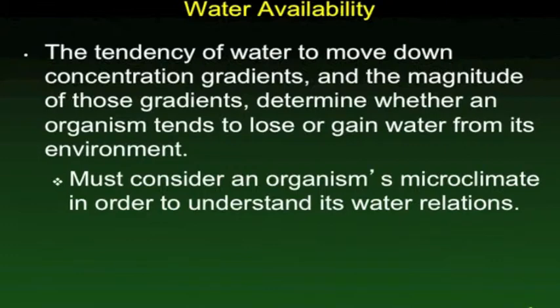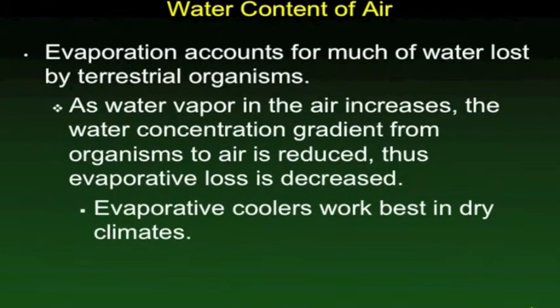One of the main ways that animals tend to lose water when they're living on land is through evaporation. It's especially the case if they live in an area that has very little water vapor, such as Tucson, Arizona, for example.